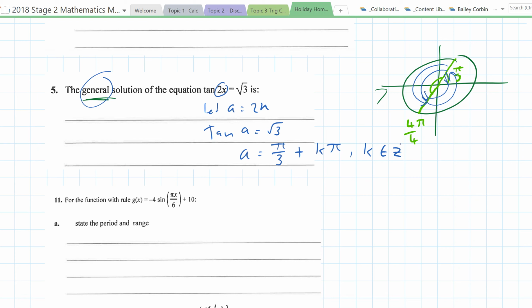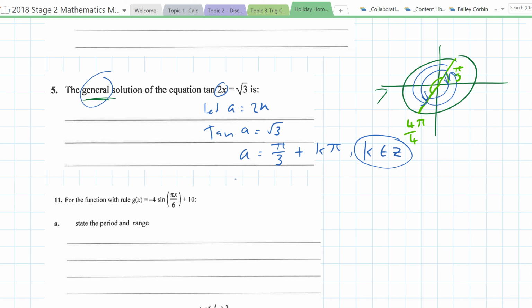So z, for us, or in maths world, z represents whole numbers. This backwards 3, as you described in your email, means as a member of, so is part of. So k is part of the whole numbers, is what that little portion there means. If k is one of the whole numbers, we can add 1k on, 2k on, 3k on, 4k on, etc., and we keep getting more solutions.